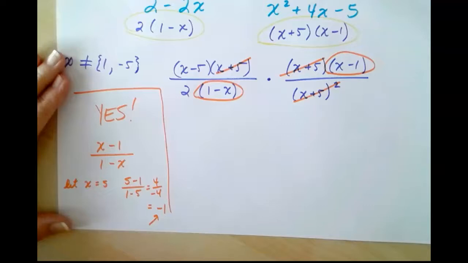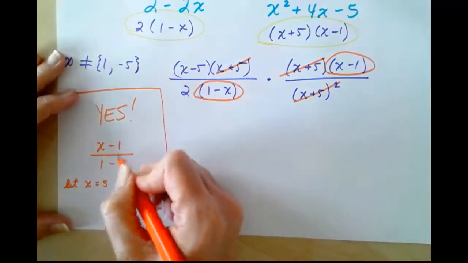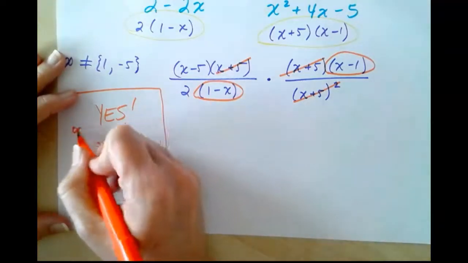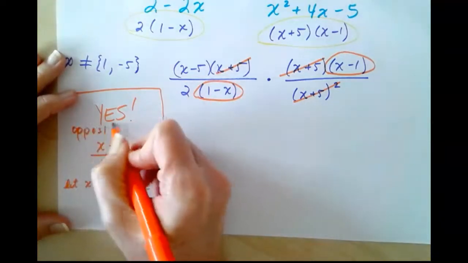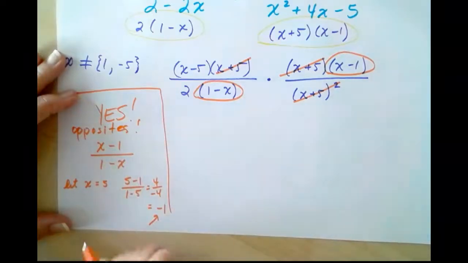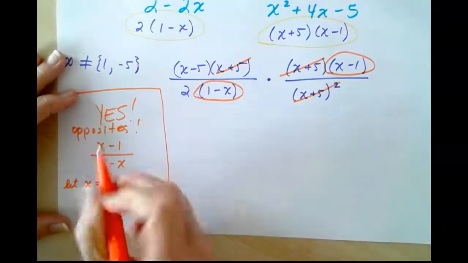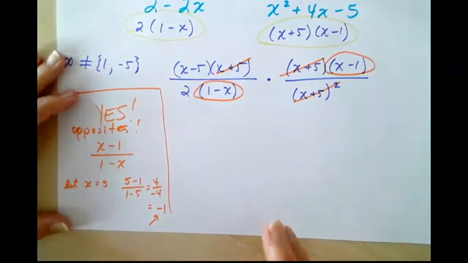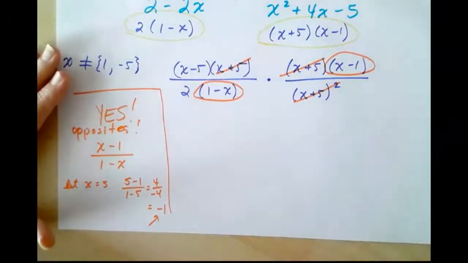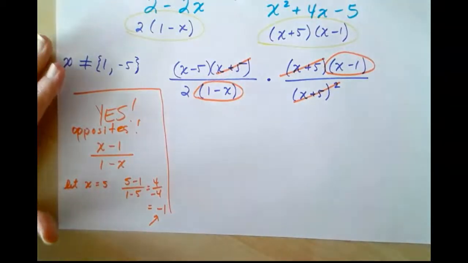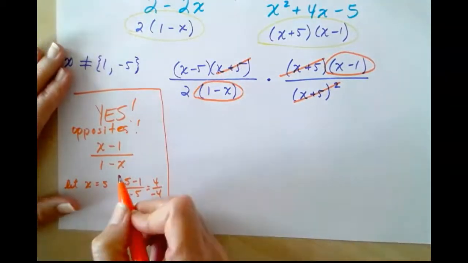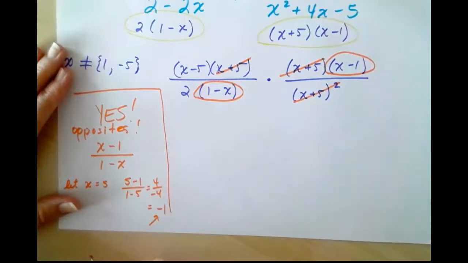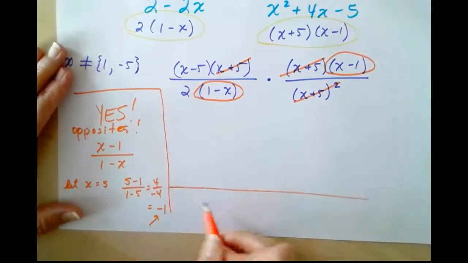Yes, indeed, ladies and gentlemen, these two expressions are opposites. They're both subtraction, they just have an inverted order. So they're not the same because subtraction does not have the commutative property, but they are indeed opposites. I'll extend my little note box.